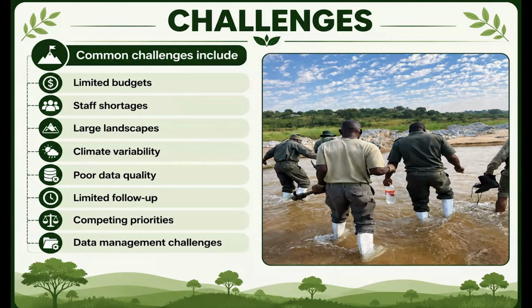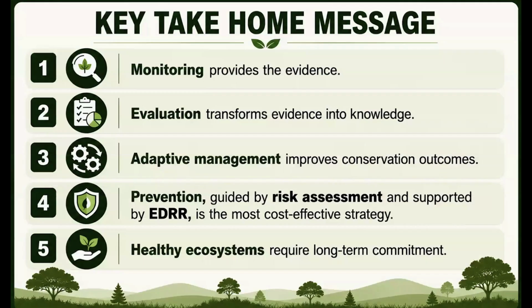But as I indicated earlier on, sometimes just using simple tools enables you to implement monitoring and evaluation using the resources that you have available at your disposal. And there's no perfect monitoring system. It's a continuous improvement system. So you also learn as you go about doing it. You cannot say, I'm not going to implement monitoring because I've got these limitations. So you work with what you have available at your disposal.